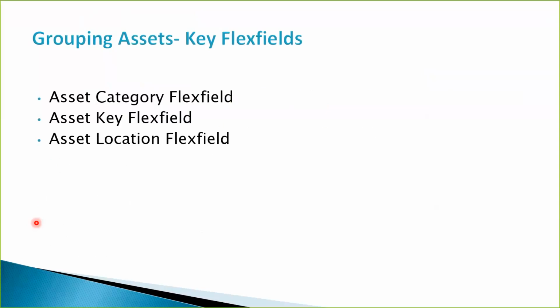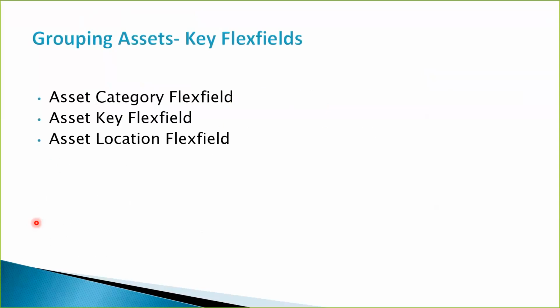We know how the Flexfield works. They allow you to enter various types of information in one field, right? In general ledger, for example, you have one field that contains multiple segments for your account combinations, right? So it's the same technology that is utilized so that we can define these groupings.